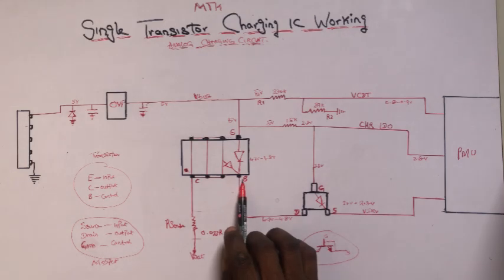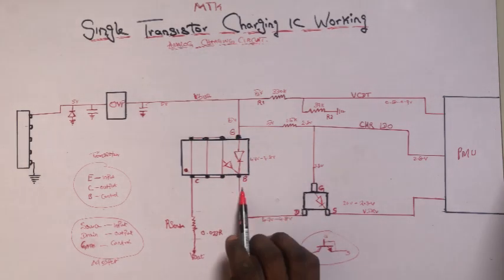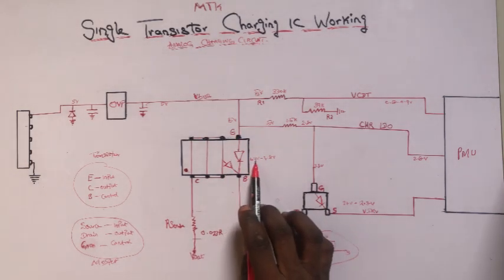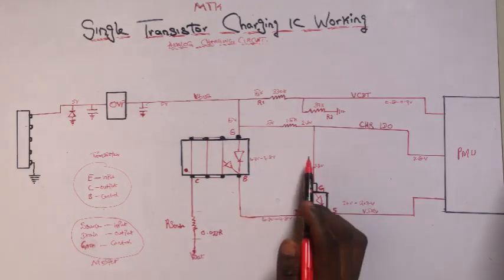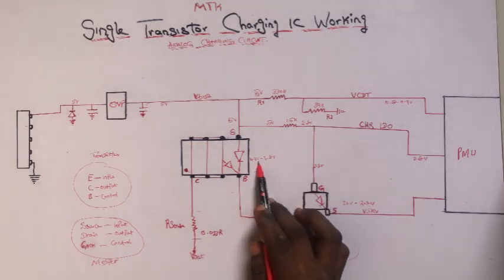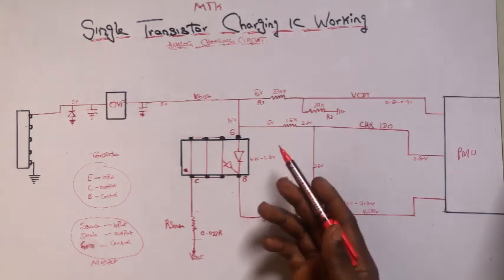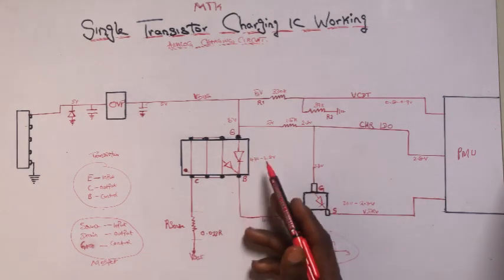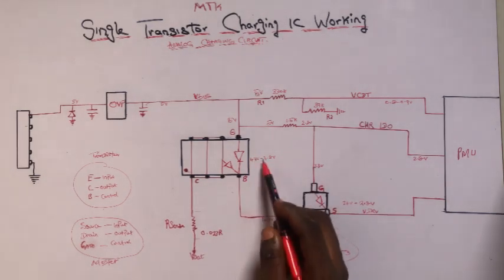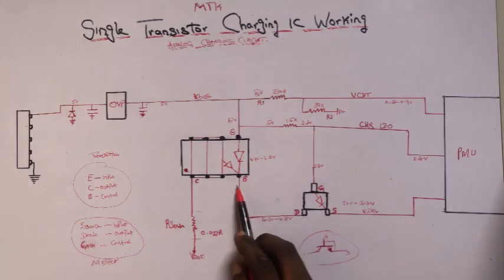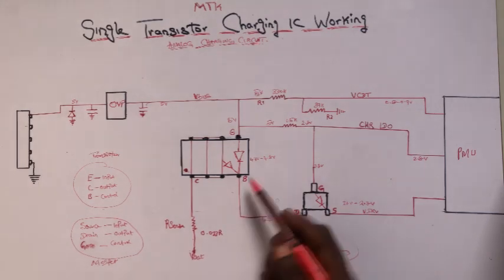And when it comes to our base pin, you will not get the 5 volts here. You have 4.79 to 4.8 volts. And if it is 4.79, it's also the same as 4.8 volts, because if you approximate it, it will give you 4.8 volts here. Okay, so you have 4.8 volts on this pin.